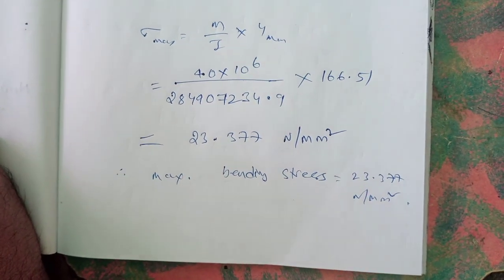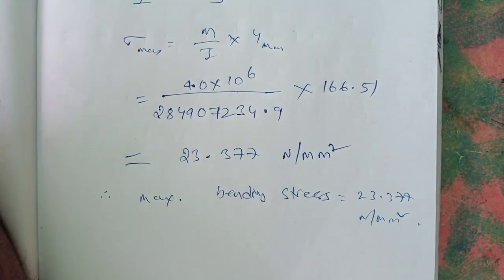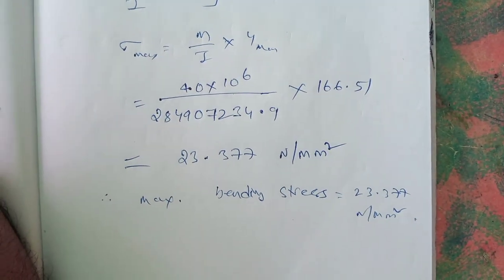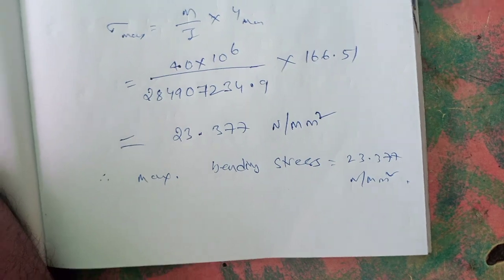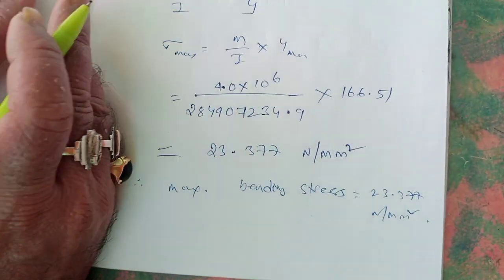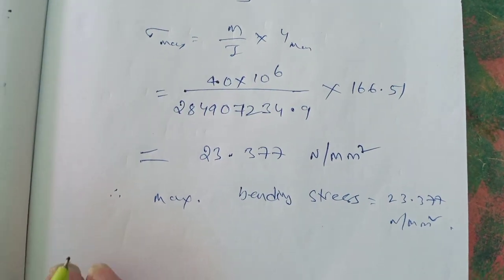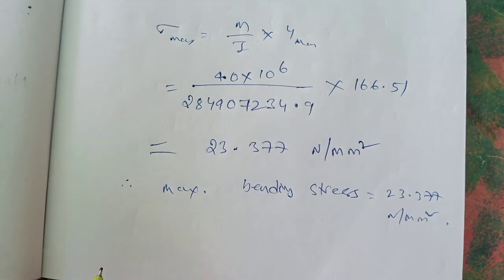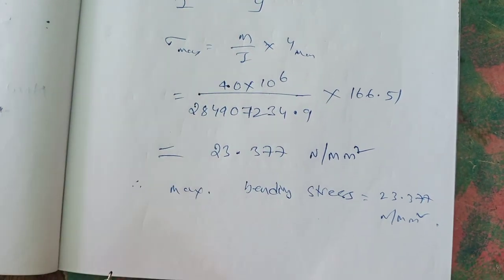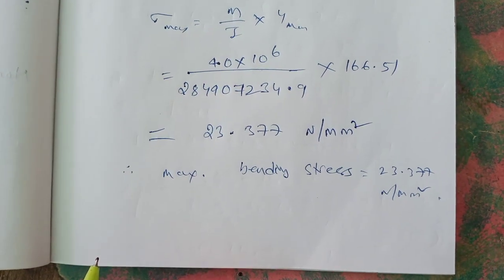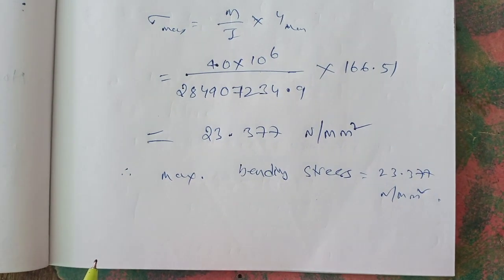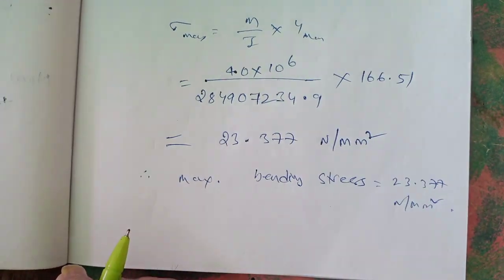The lower layer has compressive stress because the neutral layer is available from the bottom with maximum height.